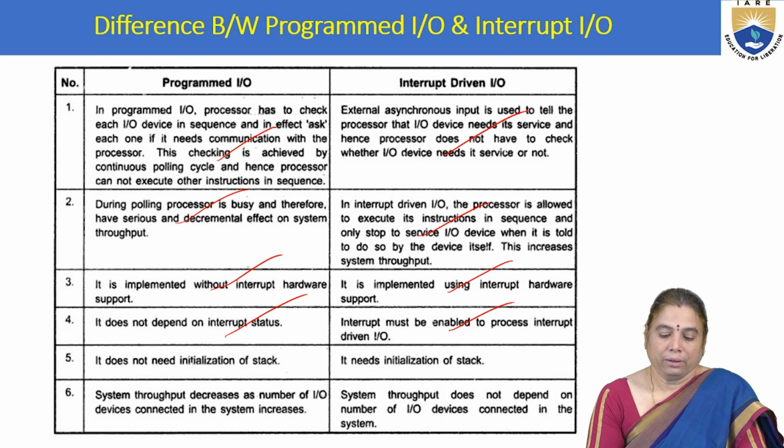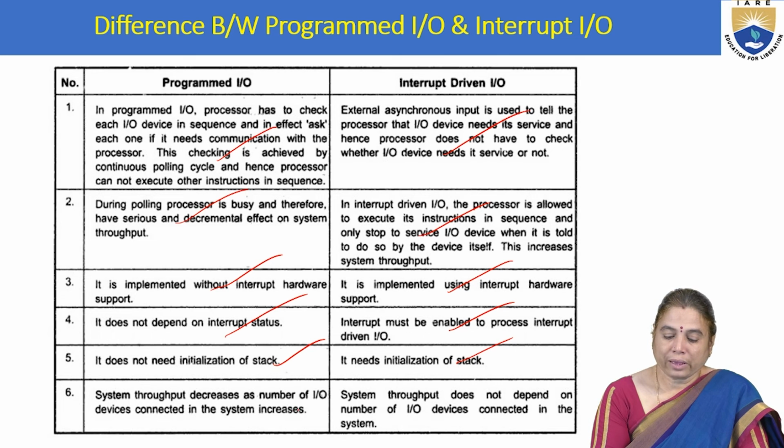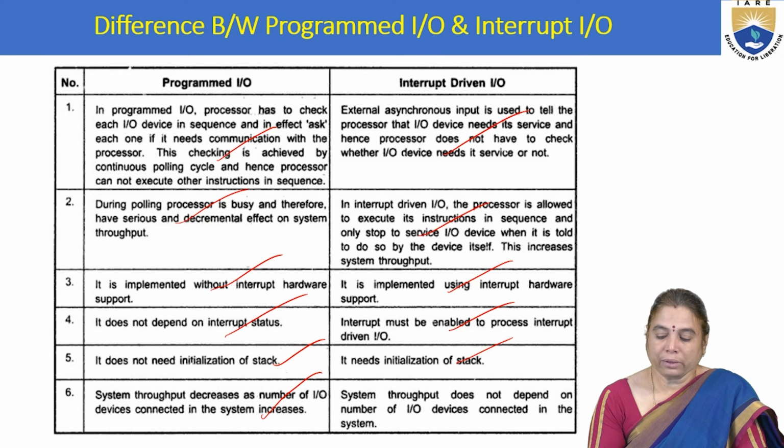The next difference is that programmed I/O need not initialize the stack, but here initialization of the stack is required in order to store the return address of the interrupt service routine. System throughput decreases as the number of I/O devices connected in the system increases in programmed I/O. But in interrupt driven I/O, system throughput does not depend on the number of I/O devices connected in the system. So these are the major differences between programmed I/O and interrupt driven I/O.